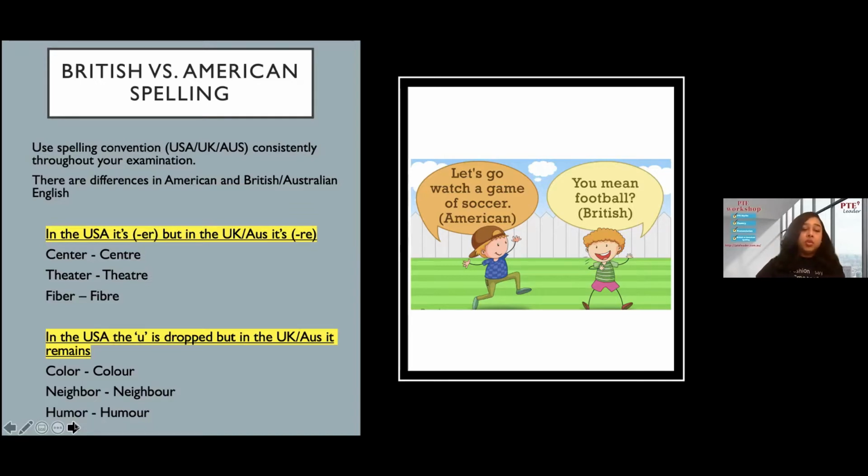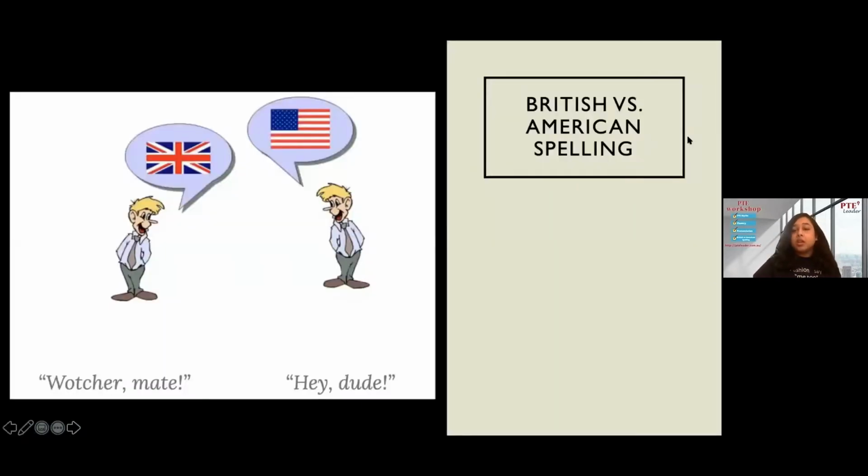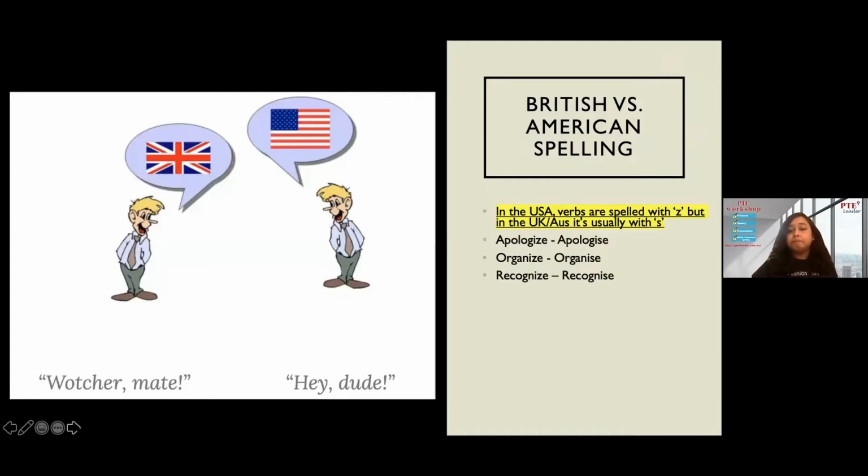Right. So there are two other rules that distinctly vary between British and American spelling. In American spelling, verbs are usually spelled with Z, but in Australian or British spelling, we prefer to write it with S. For example, apologize, A-P-O-L-O-G-I-Z-E.